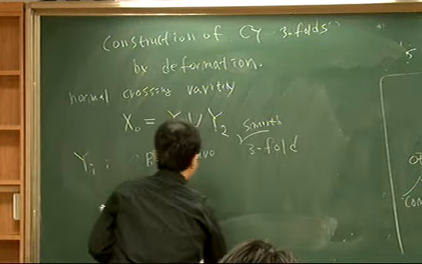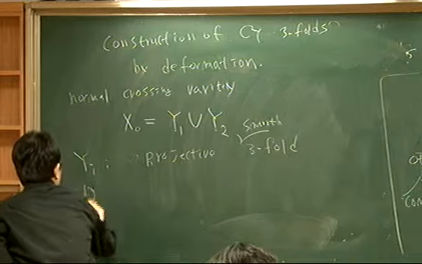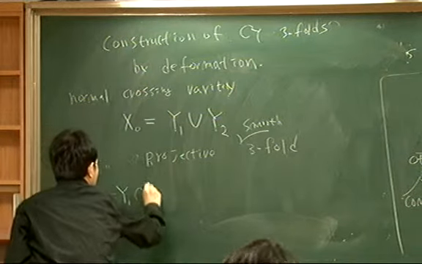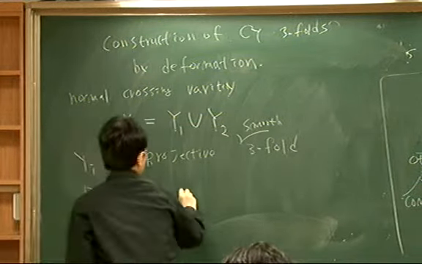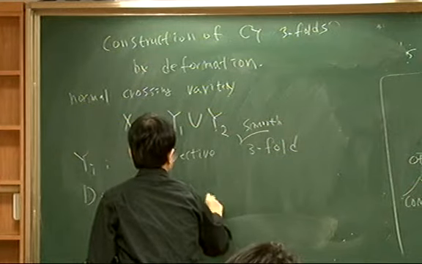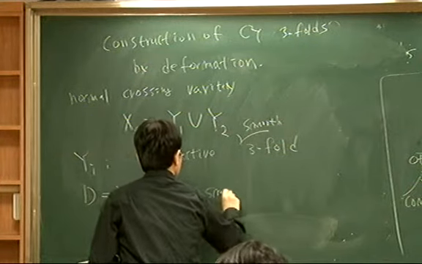Let D be Y1 intersect Y2, which is a smooth surface.